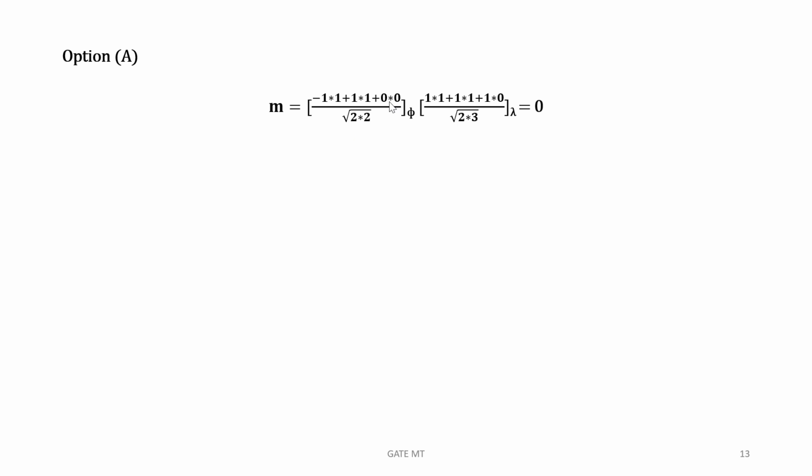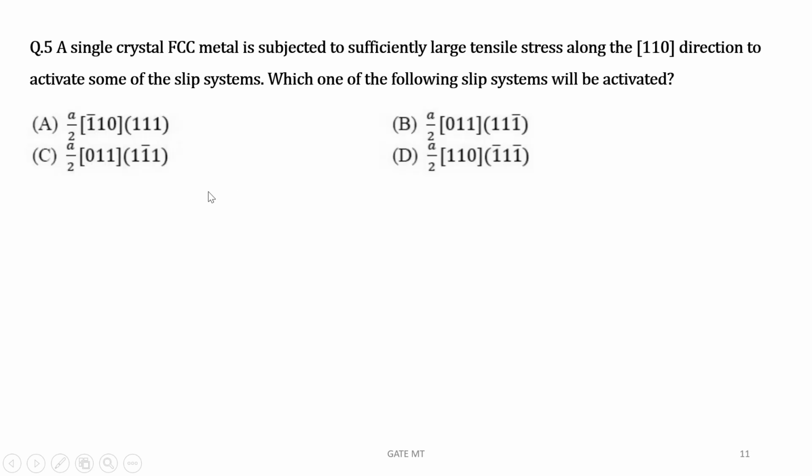So are you getting the same equation for the first one? For phi, and for lambda we have to take between the given direction and the force direction. So for the first option, is everybody getting the same one? If you are not understanding, first we have to take 111 and 110. Then we have to take 1 bar 10 and 110.